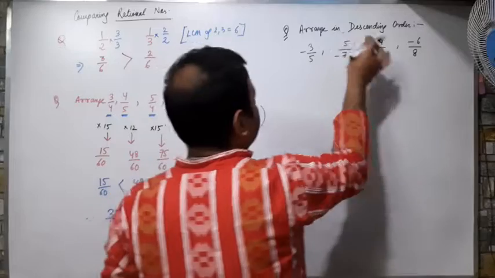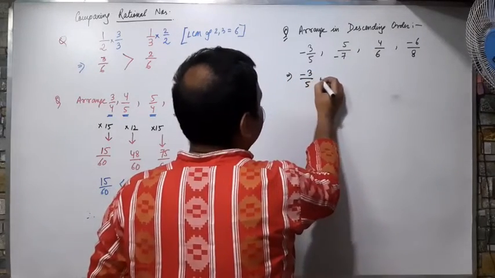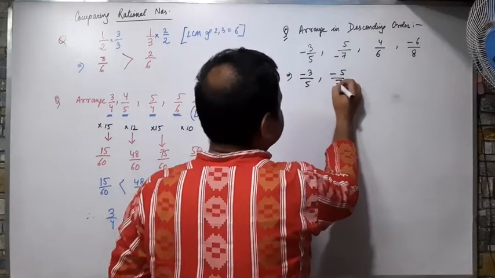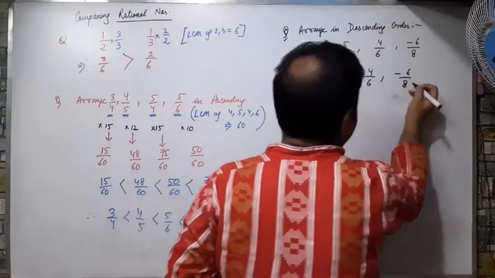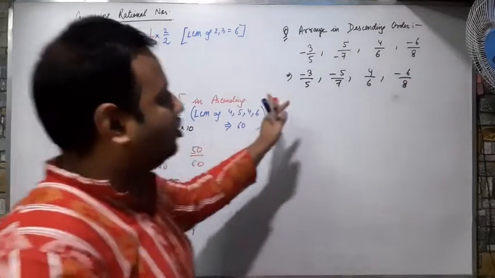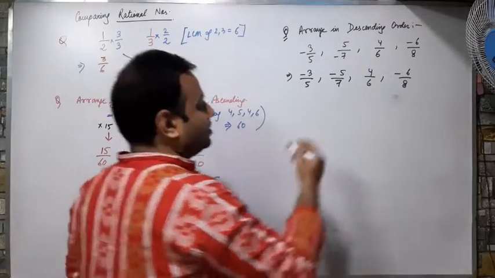So if I can write it properly, I will write it as minus 3 by 5, comma minus 5 by 7, comma 4 by 6 and minus 6 by 8. Now this is okay. All the numerators are free of negative. Now I will find the LCM of this.